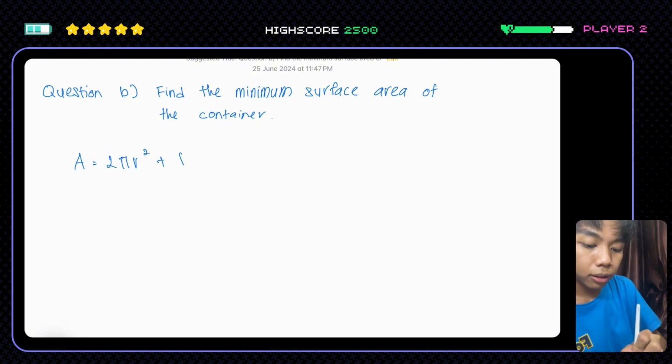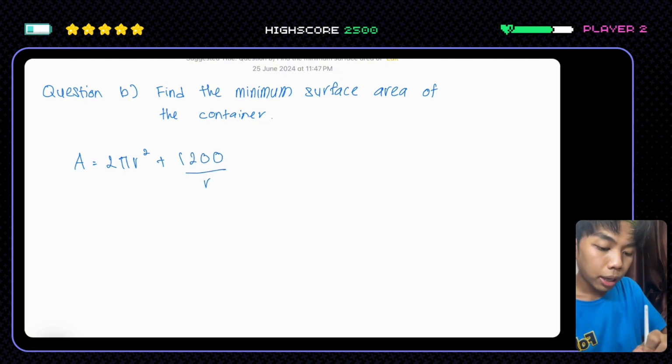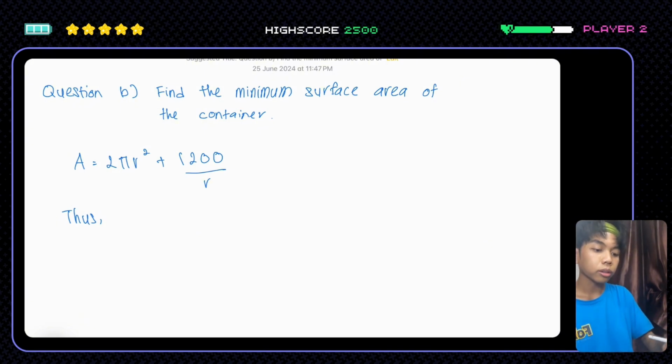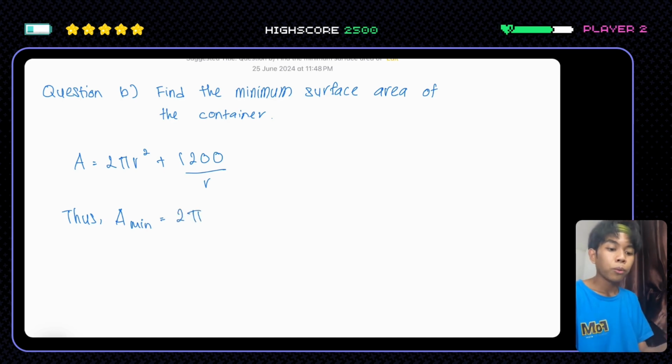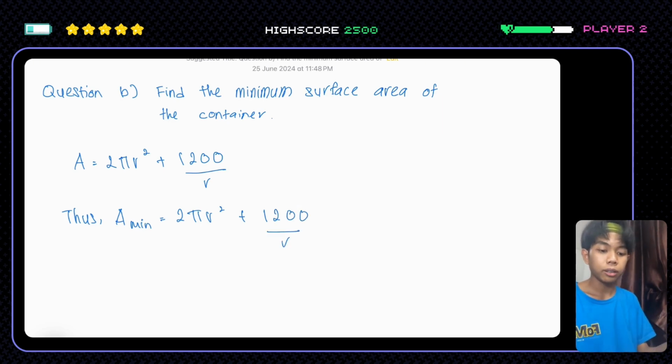Thus, the formula changes into A minimum equals 2πr² plus 1200 over r. In order to find the minimum surface area, we need to use the r value that we got from question A.